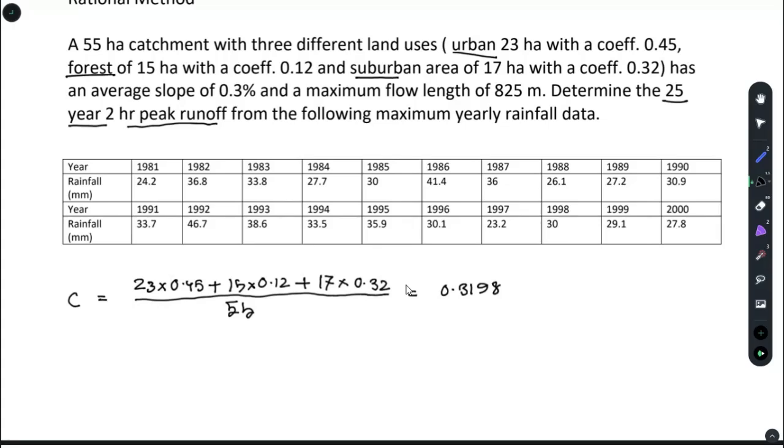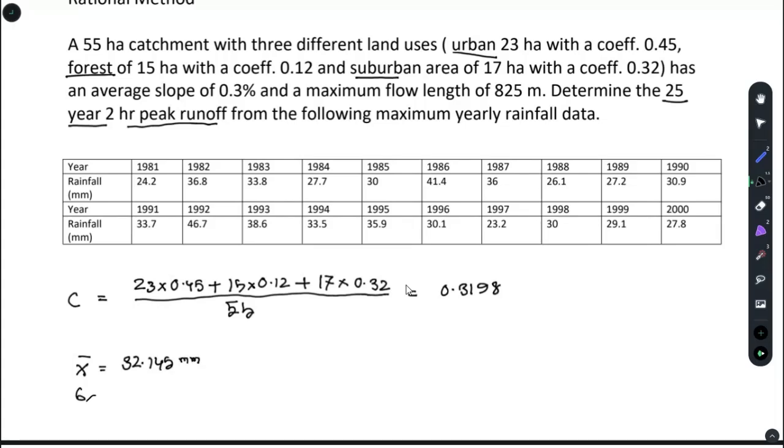So for that, you got to find out x bar, which is the mean rainfall from 1981 to 2000, and you get a value of 32.145 millimeter.